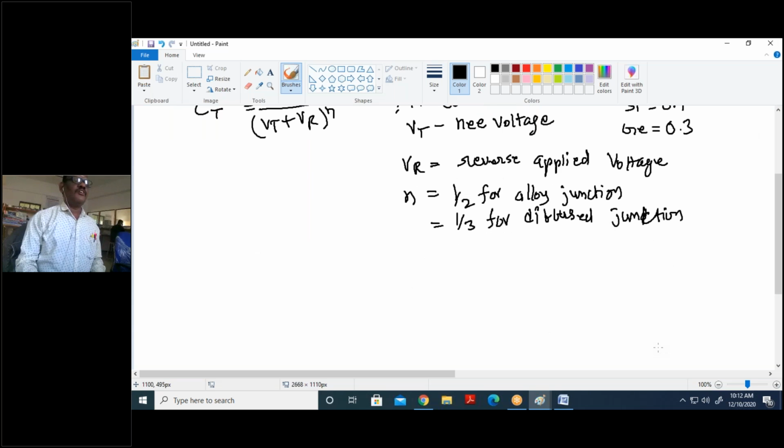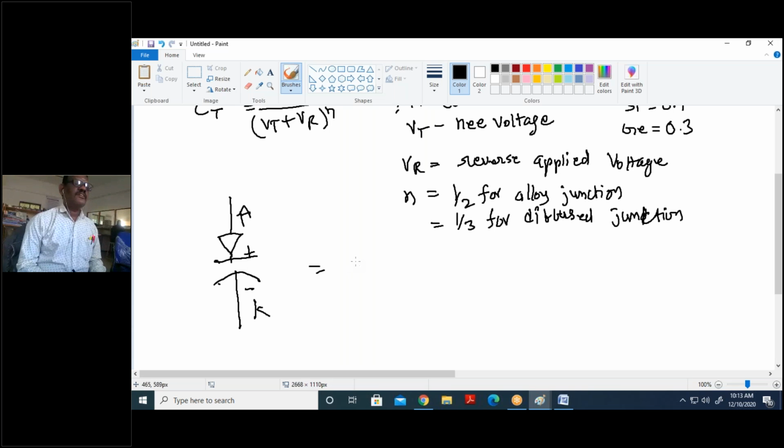Varactor diode equivalent symbol: same diode, but here it acts as a variable capacitor. Anode, cathode. This curve is nothing but negative potential, and the straight line means positive.